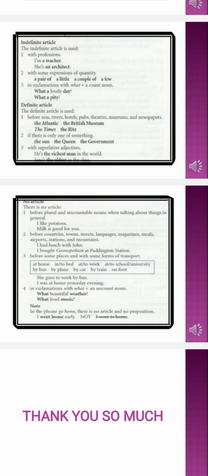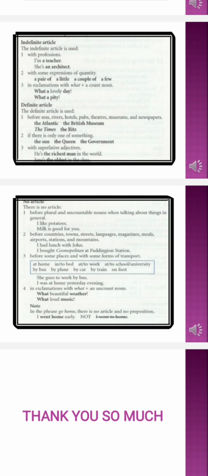3, before some places and with some forms of transport. For example, at home, in or to bed, at or to work, at or to school or at or to university.